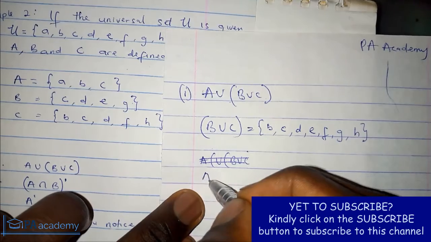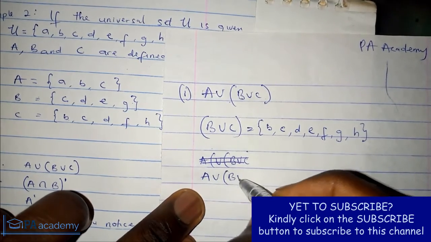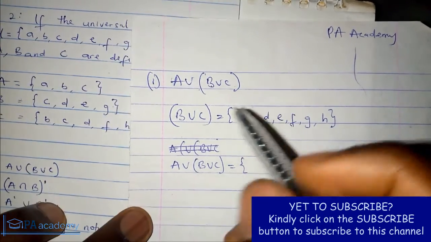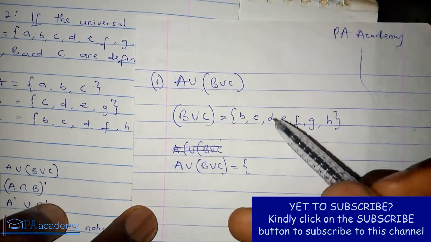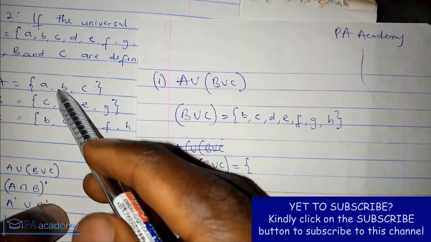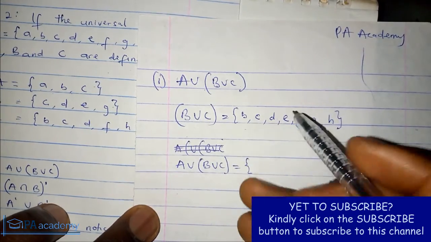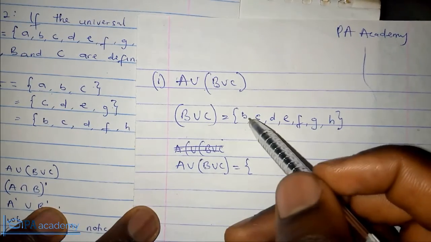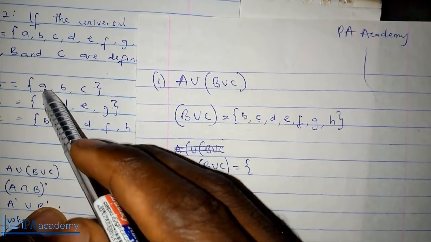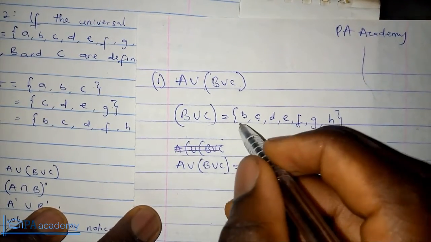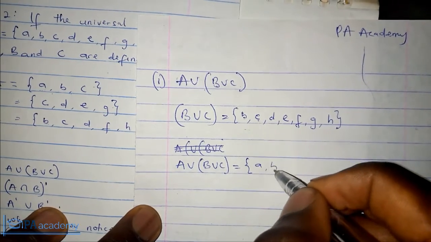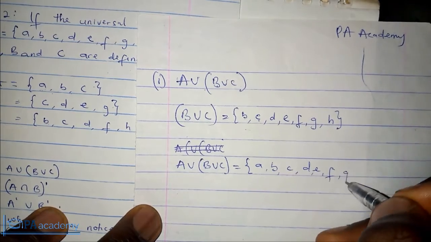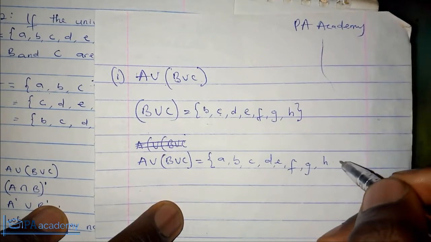For A we have A, B, C. So we are going to look for the union of set A and this B union C. We already have B and C, so the only thing to add is A. So that will be A, B, C, D, E, F, G, H.